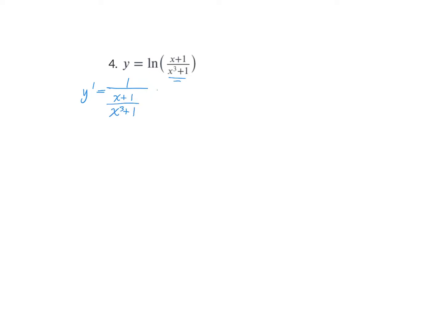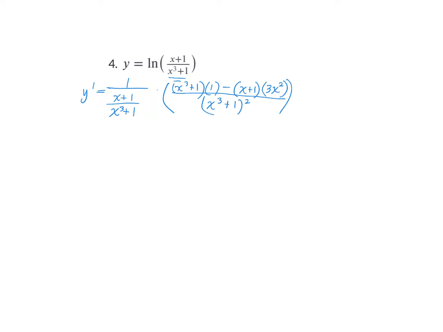And to take the derivative of that quantity, you're going to have to use the quotient rule, aren't you? And so it would take the bottom times the derivative of the top, which is 1, minus the top times the derivative of the bottom, all over the bottom squared. All right, so that is the answer to this problem. You could simplify it, of course, but I'm not going to go through that.